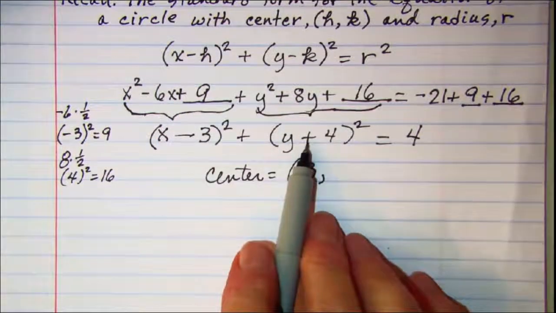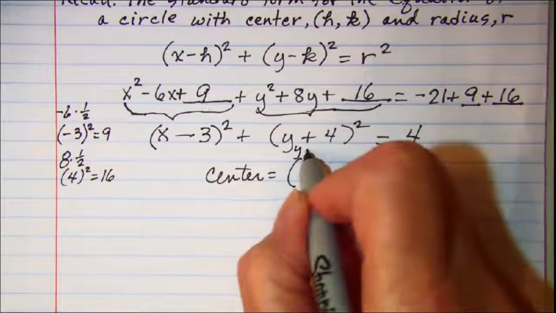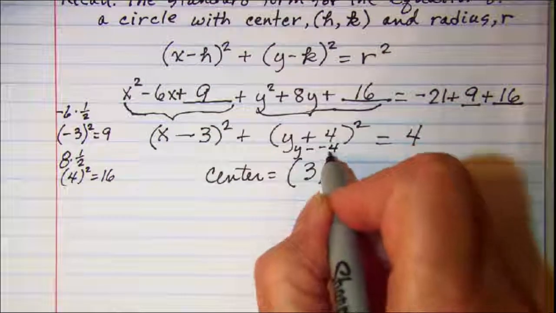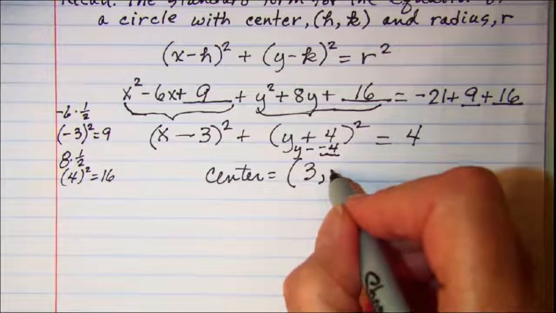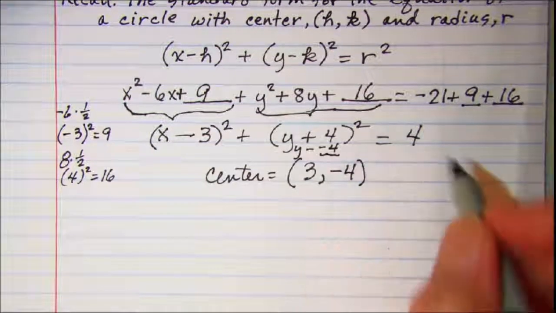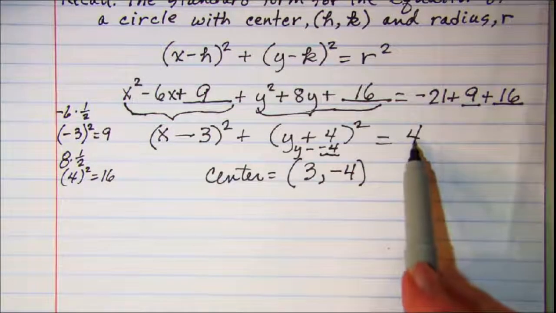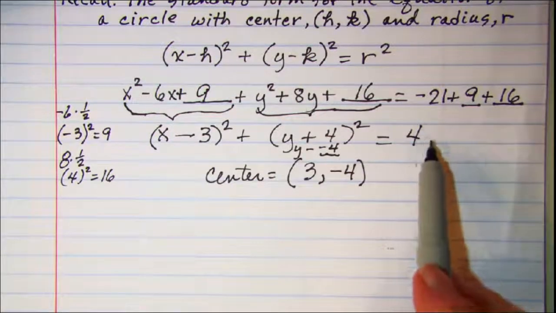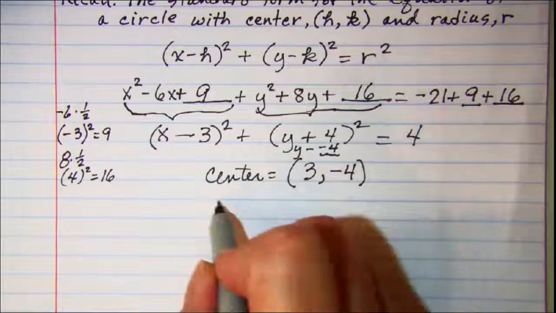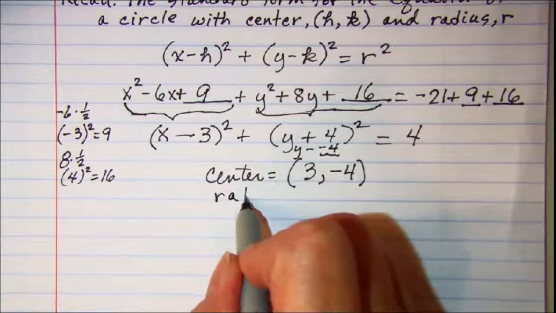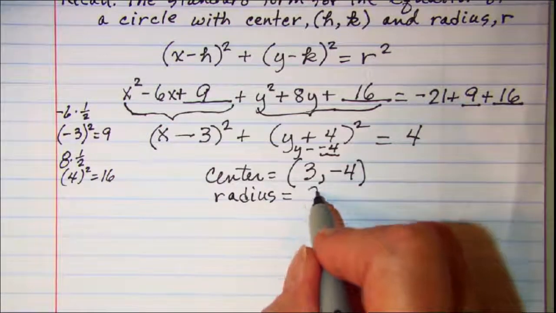And this one, we don't have a minus, so we can think of this as y minus a negative 4. So our negative 4 is our k value. And then r is going to be the square root of the number that's on the right side. Since we have 4 over here, then r must be the square root of 4, which is 2.